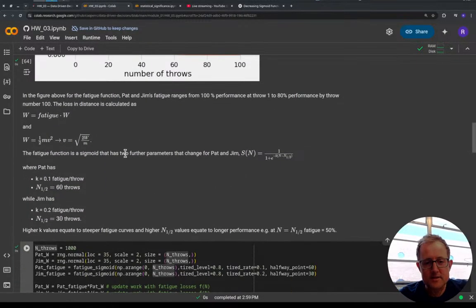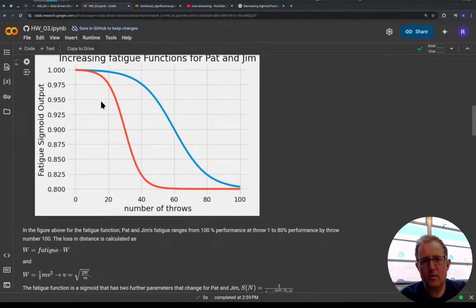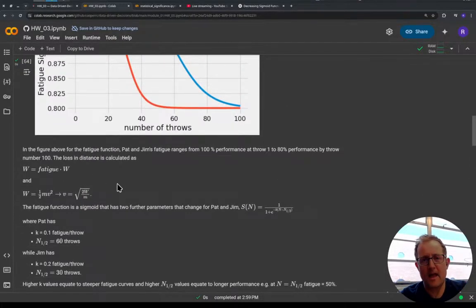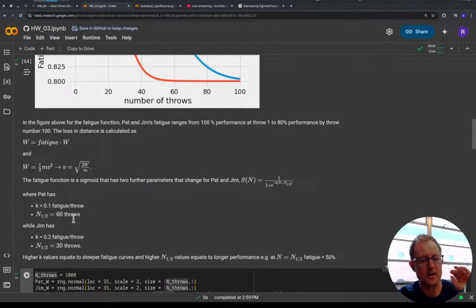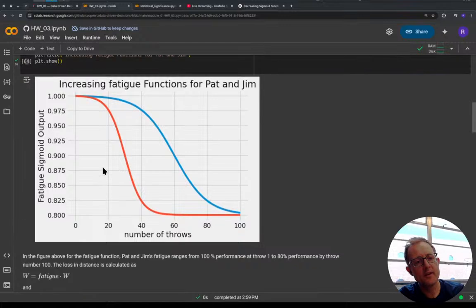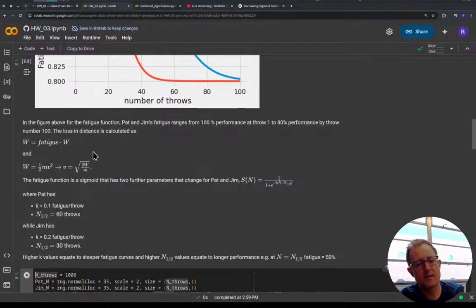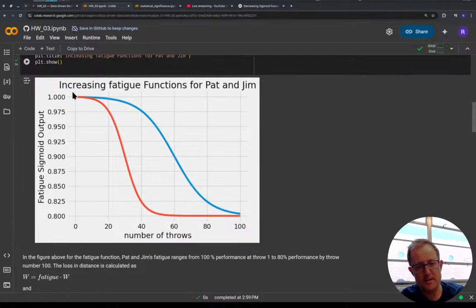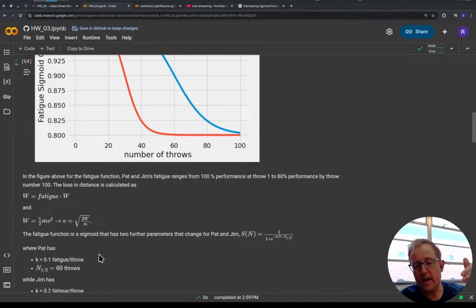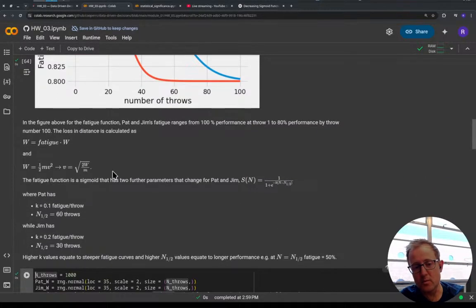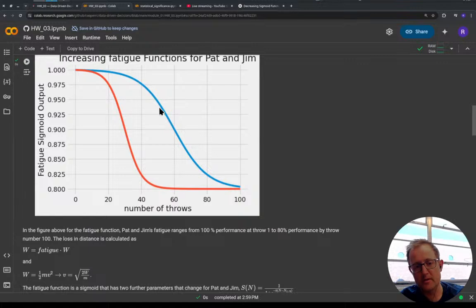And all of this is just describing how I'm actually implementing this idea that fatigue is a factor in throwing a baseball. I'm just trying to say, okay, I have this new curve, I'm going to go from 1 to 80%. So both of them are doing the same 1 to 80, but I am changing two factors. One is making the slope slower for Pat, and the 50% mark.